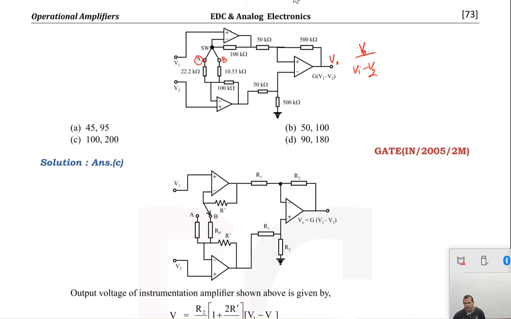So, gain of the instrumentation amplifier is given by V naught by V1 minus V2 is equal to R2 by R1 into 1 plus 2 R dash by Rp, that is your voltage gain.